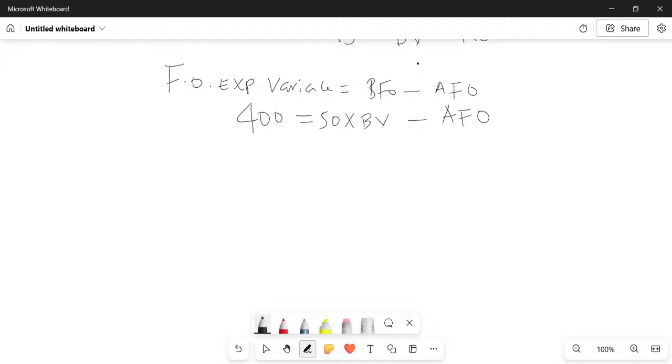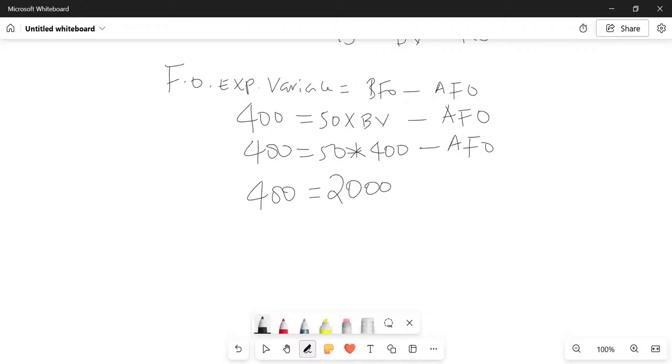Fortunately, we happen to have the budgeted volume that you have just computed, which was 400. Minus this AFO. So 400 equals, what is 50 times 400? 20,000. So this will be 400 equals 20,000 minus AFO.